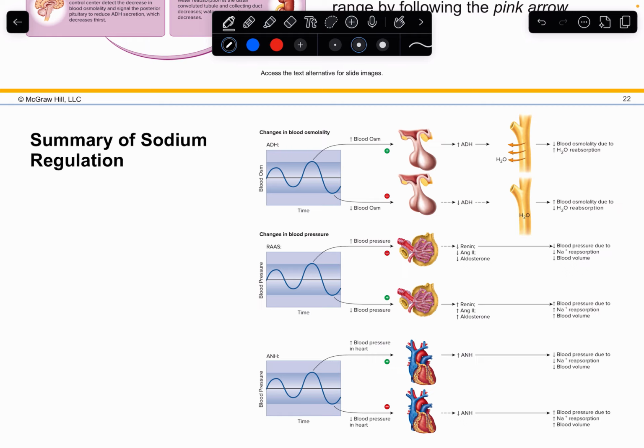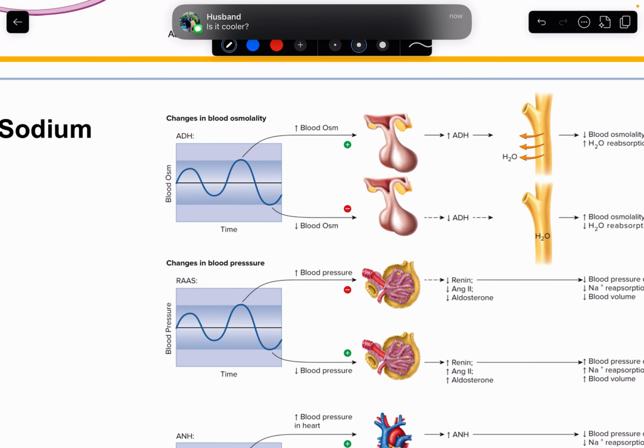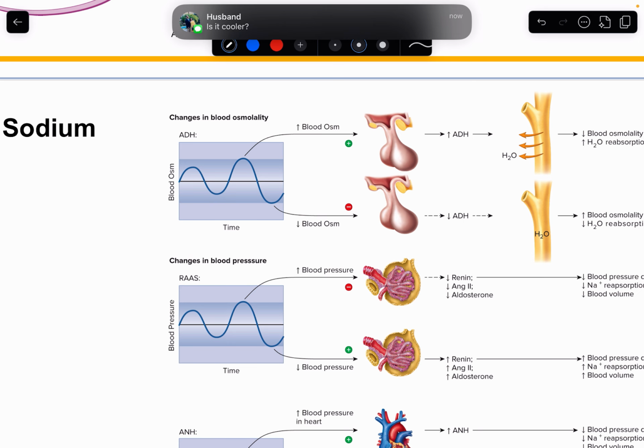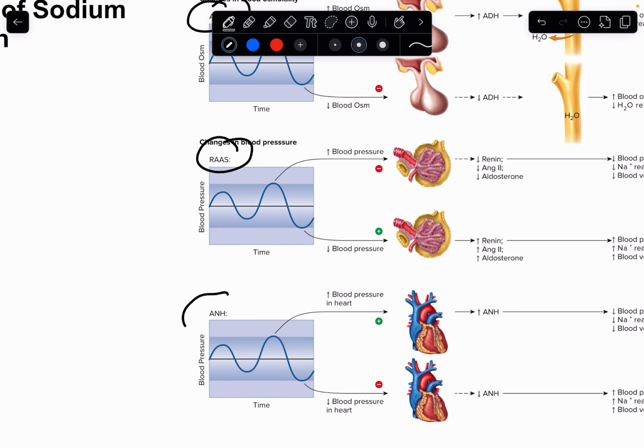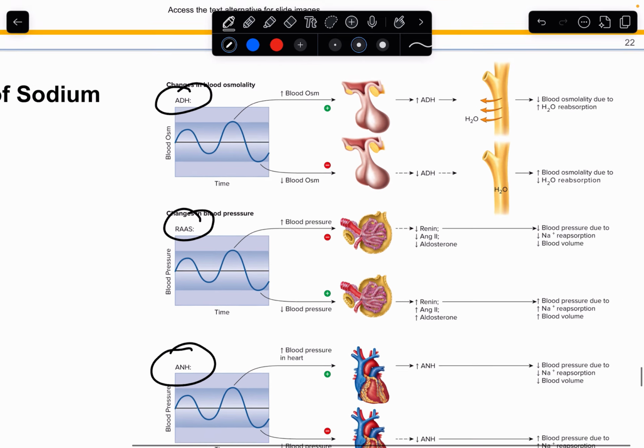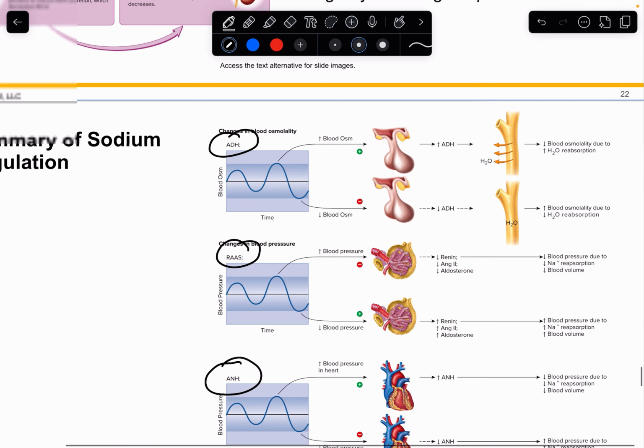Like I said, sodium is most abundant. Either it can be regulated by what? ADH, RAS and ANH, to regulate sodium in our body system.